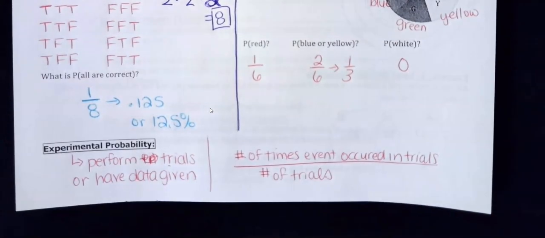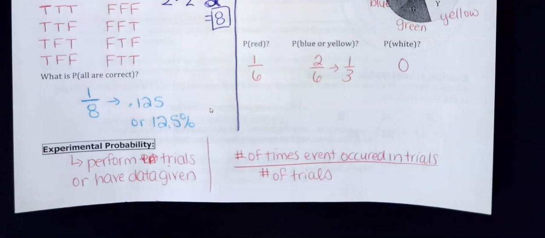So like I was saying, if I flipped a coin 10 times, and I got heads 6 times and tails 4 times, my experimental probability of heads would be 6 out of 10, and my experimental probability of tails would be 4 out of 10. It's based on the trials, not the theoretical, what you think should happen.